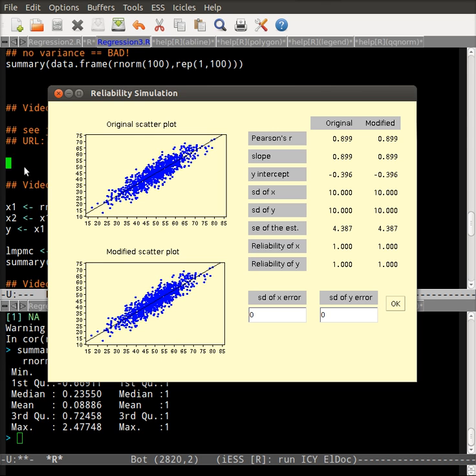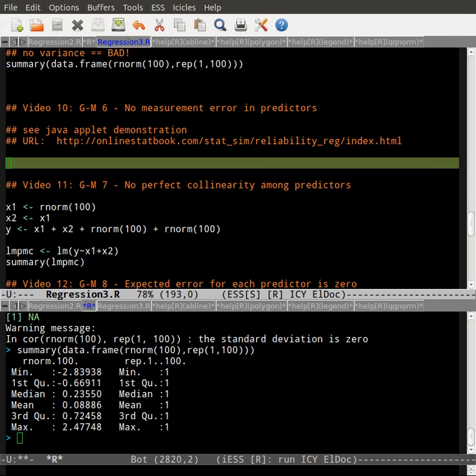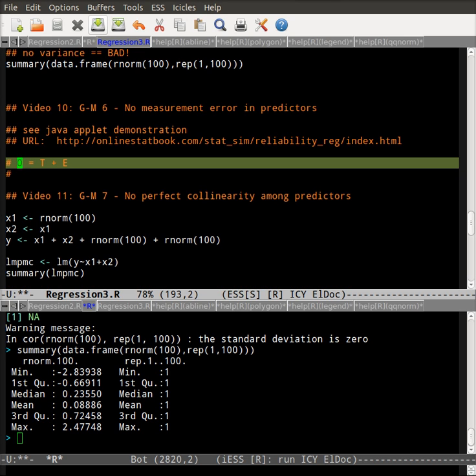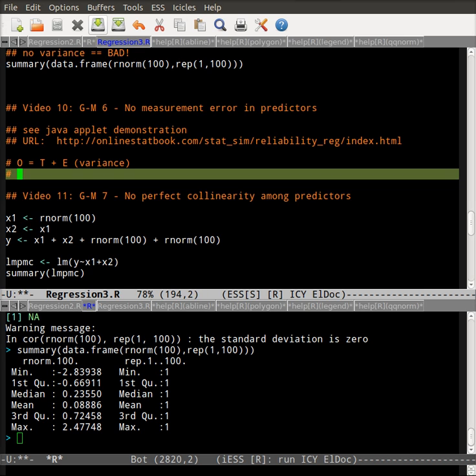Well, I need to go over this just a little bit. One thing that we know from classical test theory is the observed score is equal to the true score plus error. And this is in terms of variance.